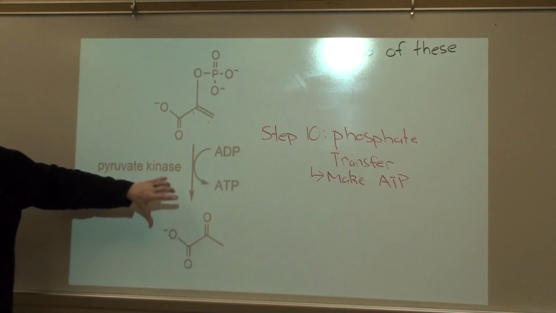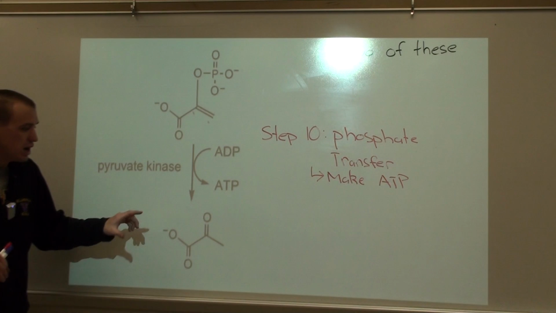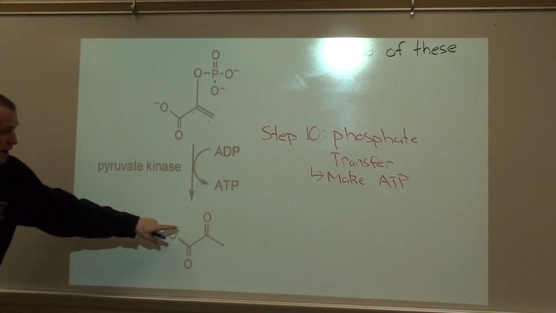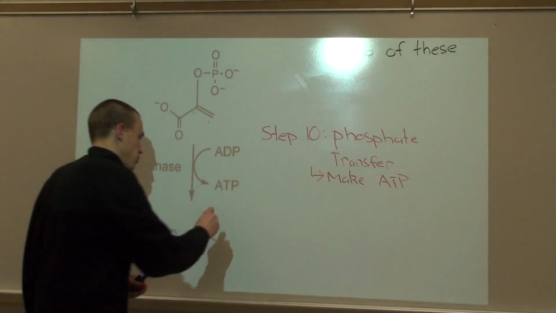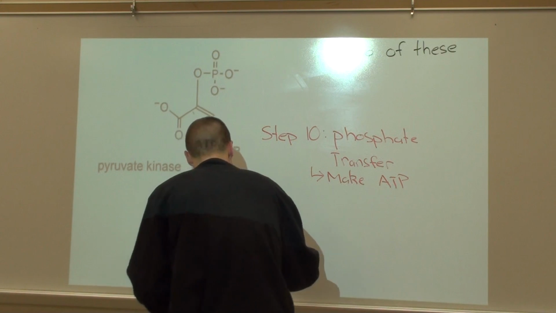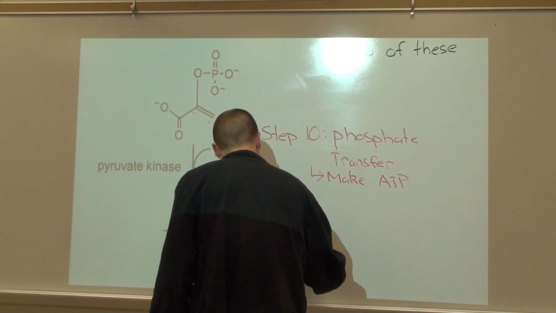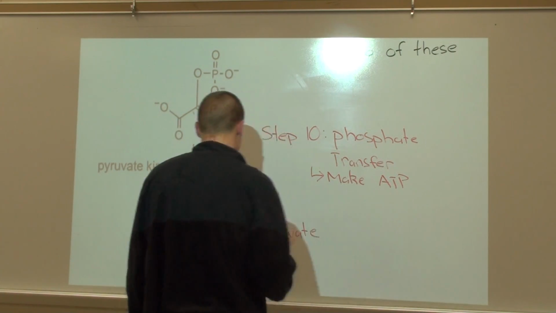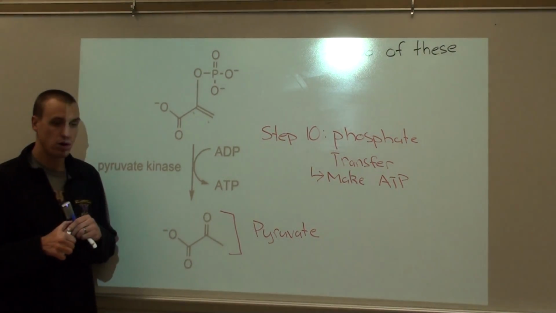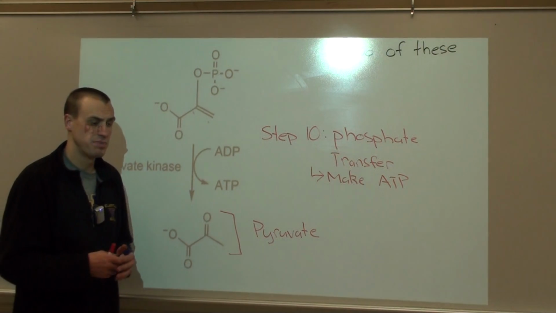At the end of this, once we take this phosphate and make that ATP, we get to our final product, and this final product is pyruvate. And so we have reached the final step of our glycolysis reaction, our glycolysis mechanism.